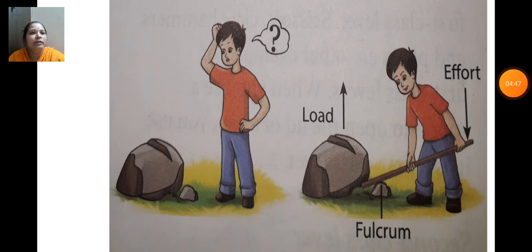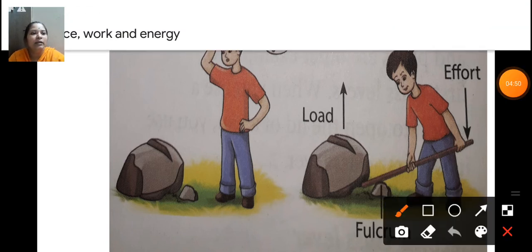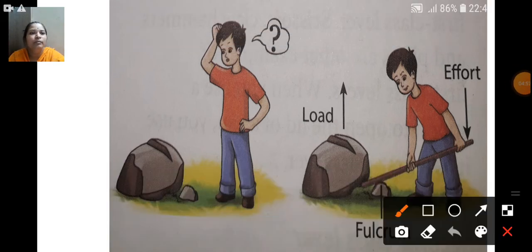Now see children, here it is marked in this picture. This is load. The stone or the boulder is called as load. And the smaller stone is called as fulcrum. The smaller stone which is helping, with the help of the rod, to move the bigger stone or the boulder.